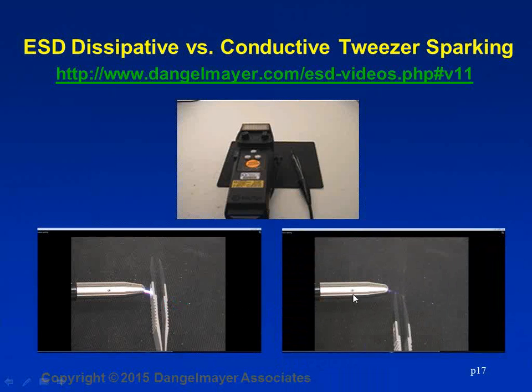Now, when we reposition the charged ESD gun to the dissipative tip of the tweezers, we have an arc that appears here, but it's a very small arc in comparison. It is corona discharge, which is very low energy and non-destructive to even extremely sensitive components. So by simply switching to this static dissipative tipped tweezer, you have built considerable protection into your program.